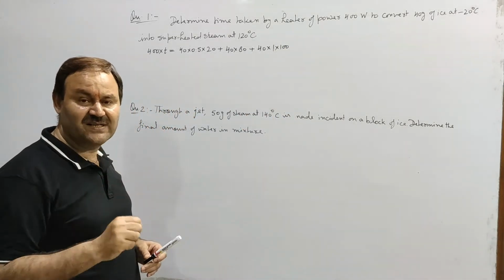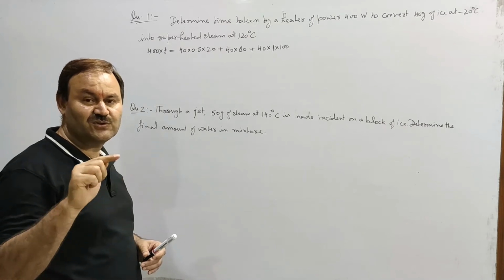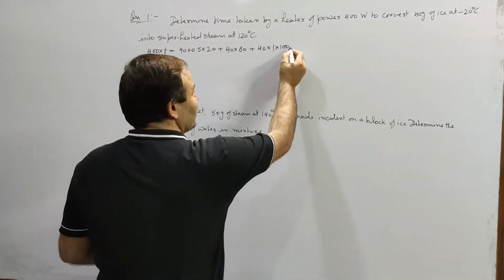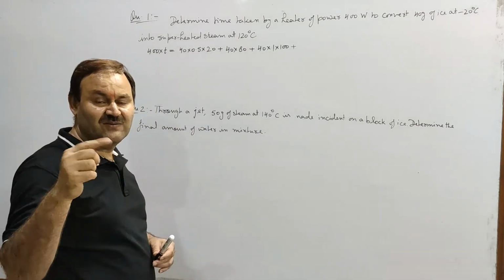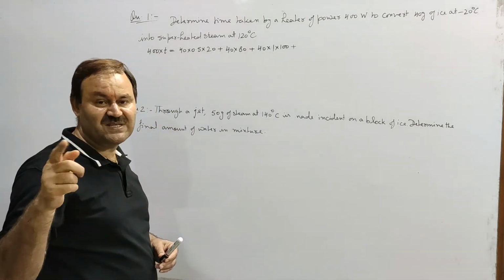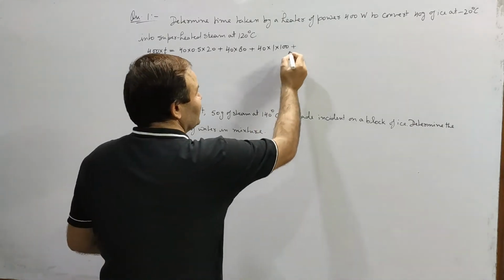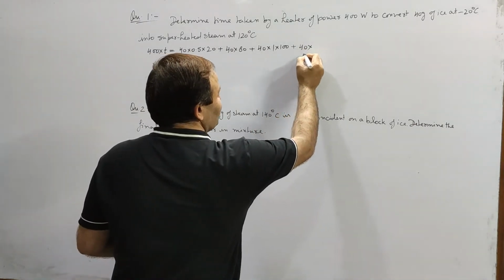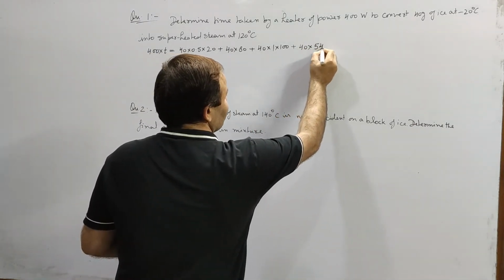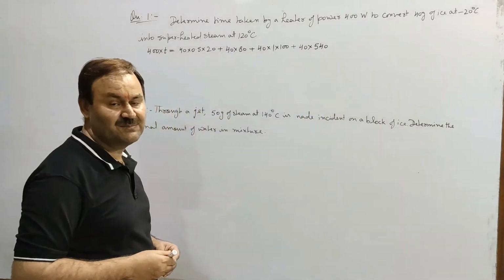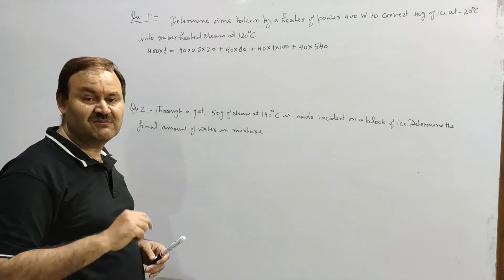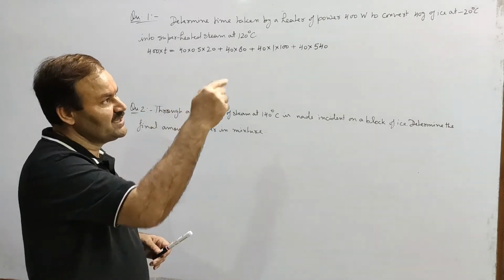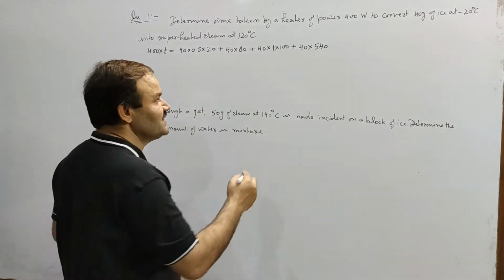Now water has attained its boiling point, so the boiling of water will take place, and for this boiling we will use mass into specific latent heat of vaporization. Mass is 40 while specific latent heat of vaporization is 540 calories per gram. Now this steam formed will change its temperature from 100 to 120 degrees Celsius.